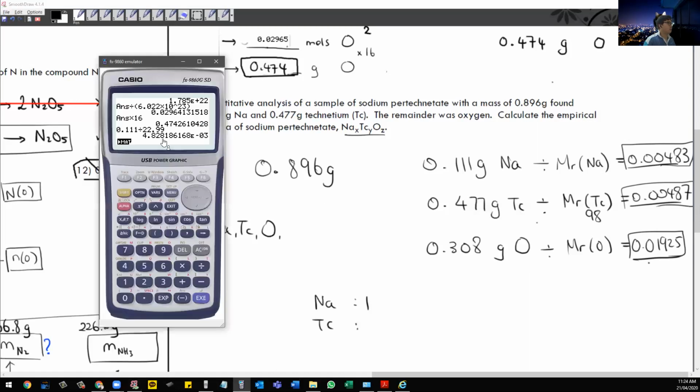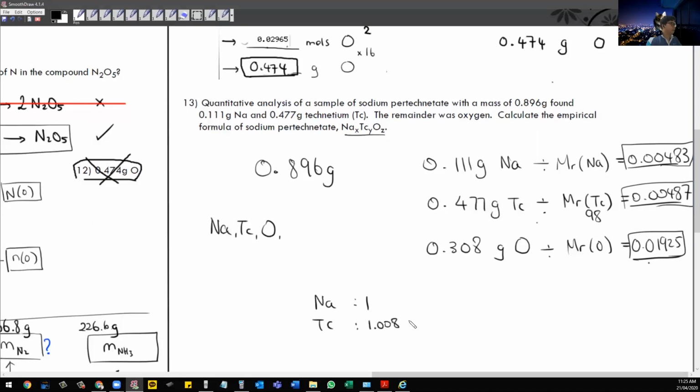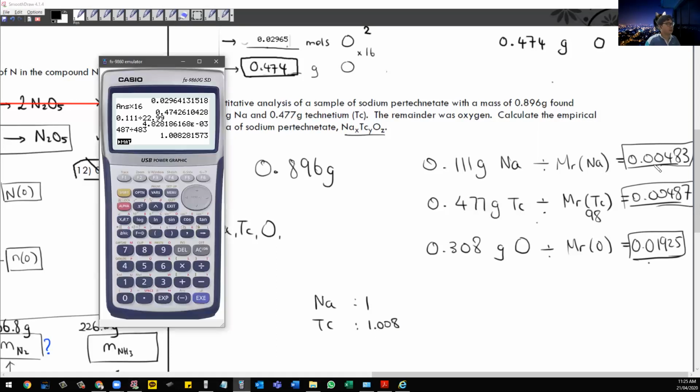And technetium will become 487 divided by 483, right? That's 1.008. If you're wondering what I did there, I just ignored all these decimals because they're the same place. You can just do 487 divided by 483. And that's one more digit there, so I can do 1,925 divided by 483. So that's approximately 4.